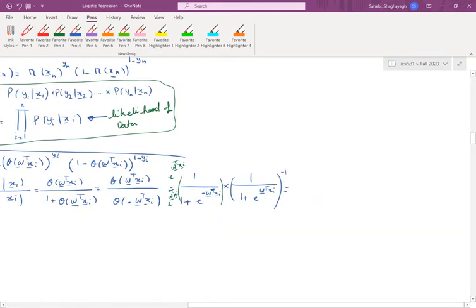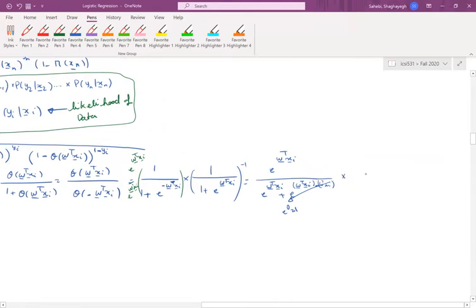I get e to the w transpose xi in the numerator, and in the denominator I get e to the w transpose xi multiplied by 1, plus e to the w transpose xi multiplied by e to the negative w transpose xi, which is e to the 0, equal to 1.